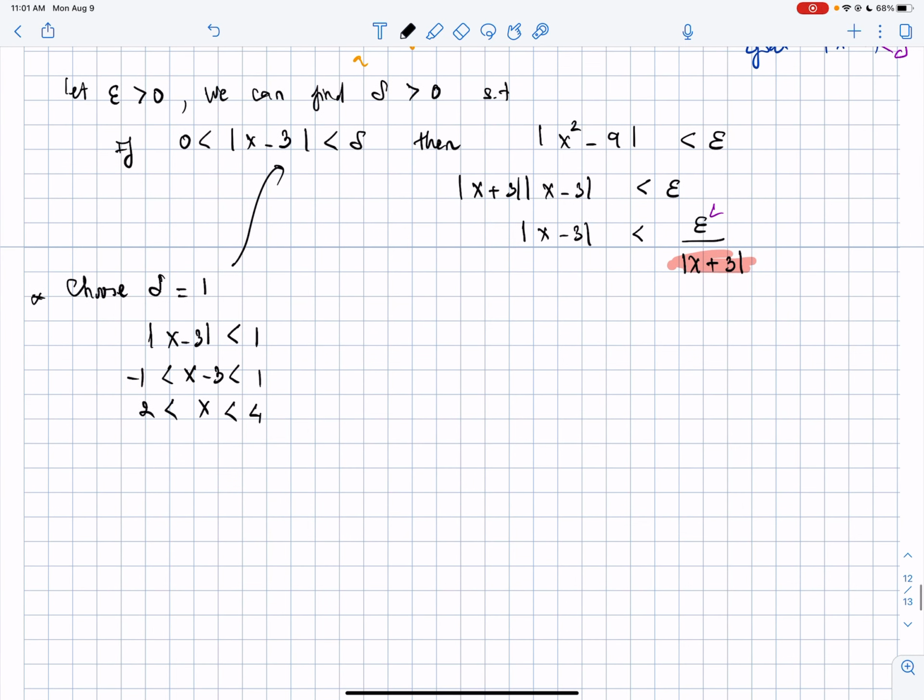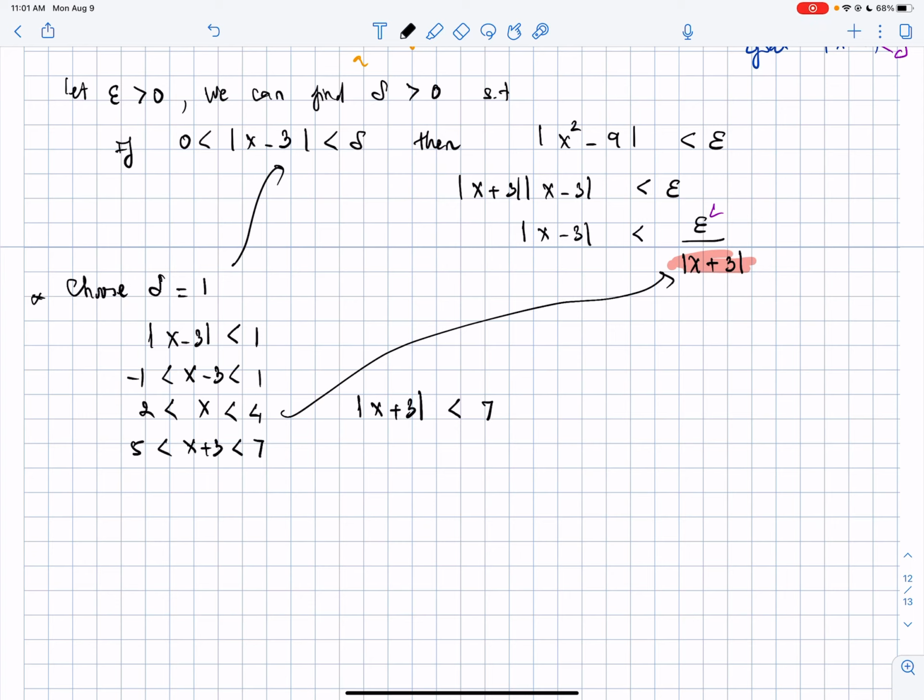And we want to have x plus 3 from this, so we add 3 to all of them. So we get 5 and 7. So it's better for us to choose absolute value of x plus 3 less than 7 so that it still stays symmetrical on the right side and left side, and it still stays in the bound of the absolute value.